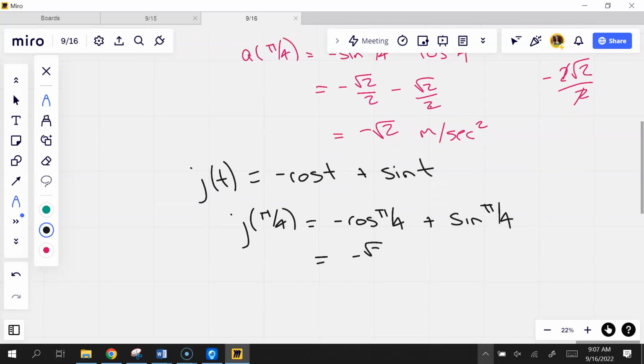So negative square root of 2 over 2 plus square root of 2 over 2. 0 meters per second. Pretty easy.